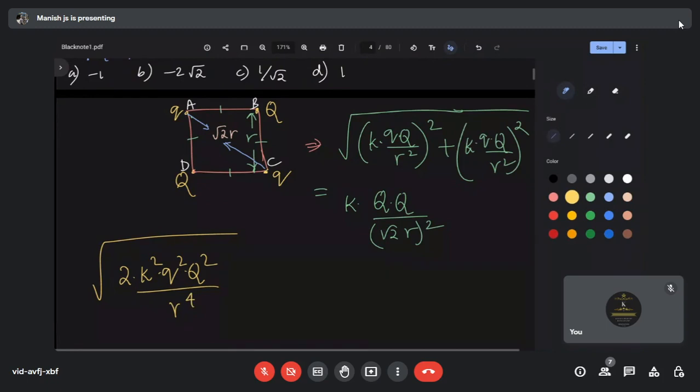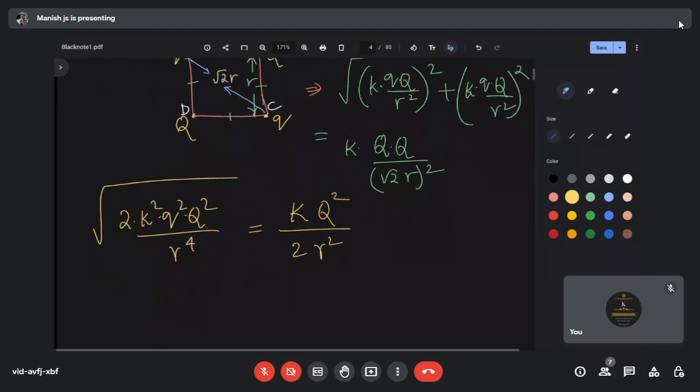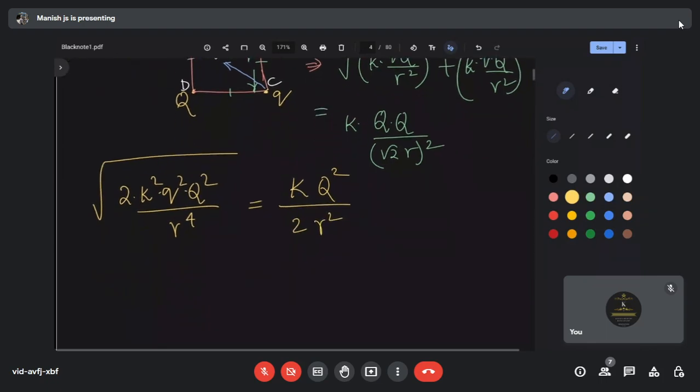Now what and all can be extracted out of the root you have to see. Right side term எழுதிக்கிறேன், RHS term k times q square divided by 2 root 2 வந்து வெளியில எடுத்தோம்னா 2 ஆயிரும், 2 times r square. So r power 4 can be removed out of the root. K square எடுத்துக்கலாம், q square capital Q square எல்லாமே வெளியில வந்துரும்.